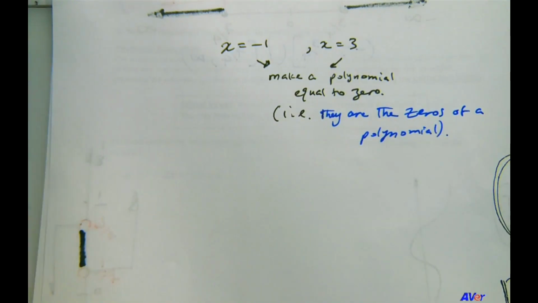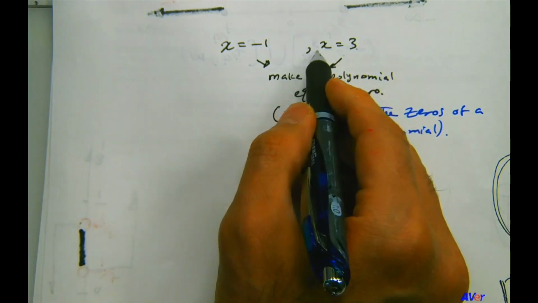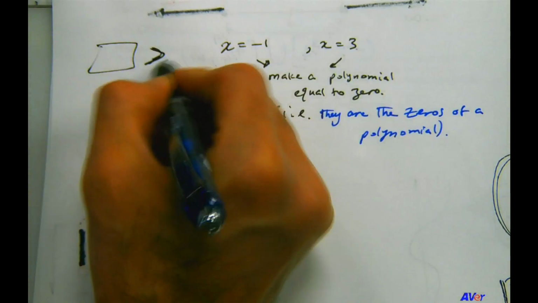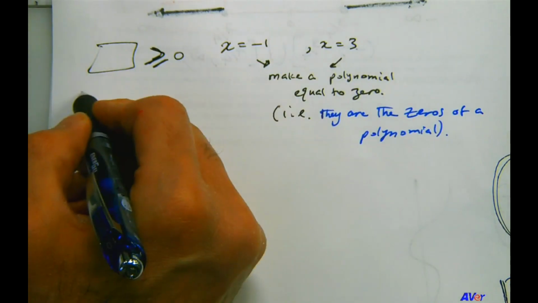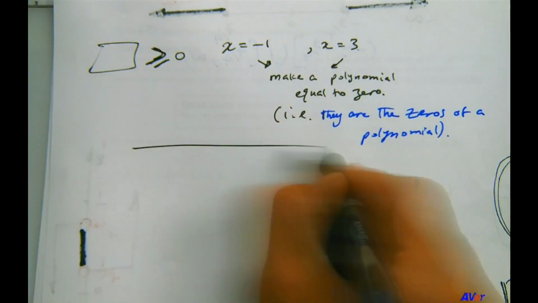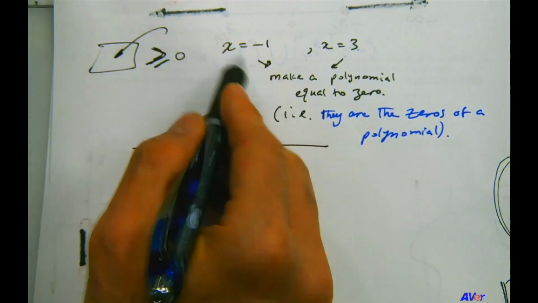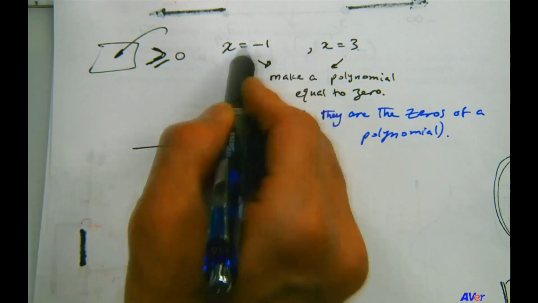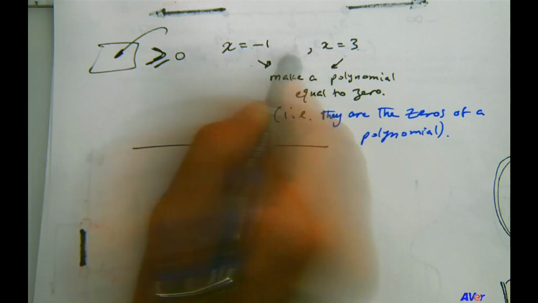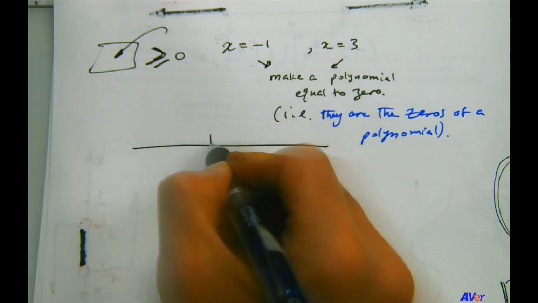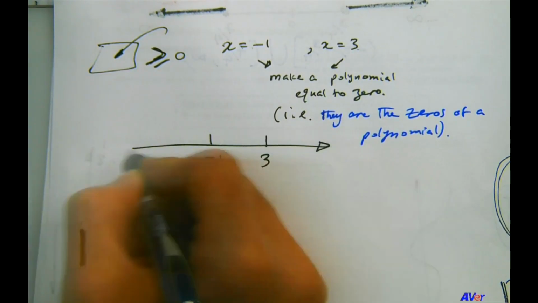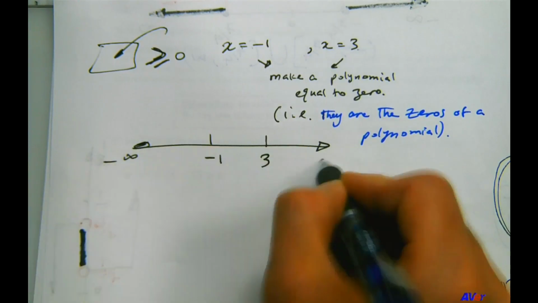Okay, then these two, the nice thing about this number is that in an inequality format, like that, they divide. Suppose the polynomial inequality for which these make the polynomial equal to 0 is formed like that. Then we have -1, and then we have 3, and then we have -infinity to infinity.